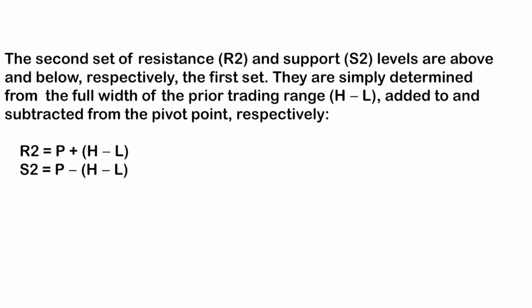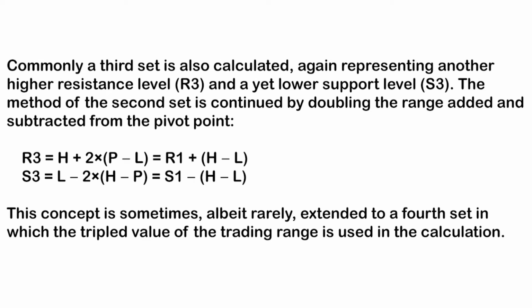And here the second set of resistance R2 and support S2 levels. See friends, R2, resistance 2, equals pivot point plus high minus low, and support S2 equals pivot point minus high minus low. And here the third set of support S3 and resistance R3.